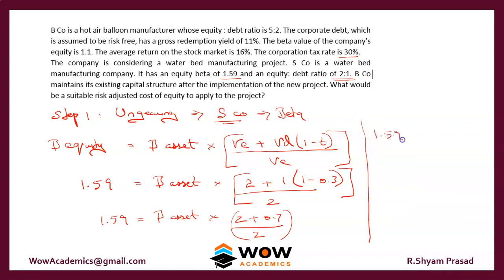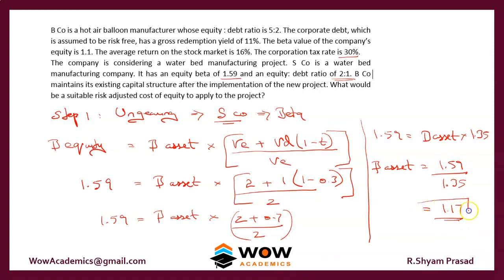So 1.59 equals beta asset into 1.35. So we'll have asset beta this side. So 1.59 divided by 1.35. So asset beta will be 1.17. So this is the asset beta.